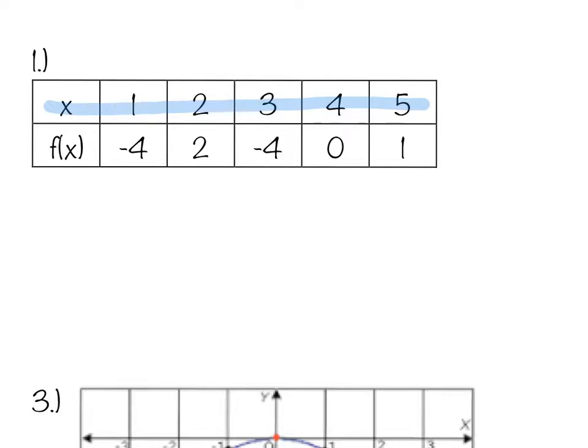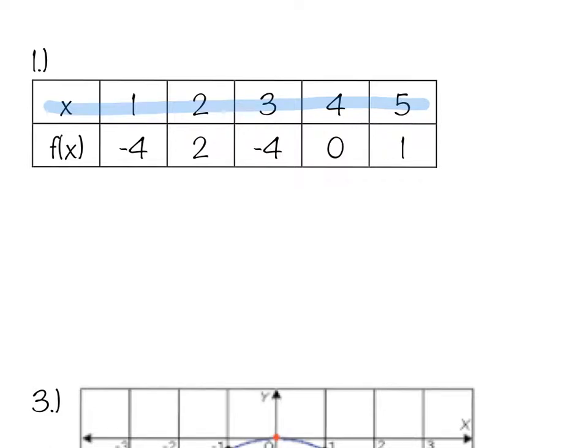Because every input can only have one output, if you have the same input twice with two different outputs, you're not going to have a function. So first you check and see that all of the inputs are different.